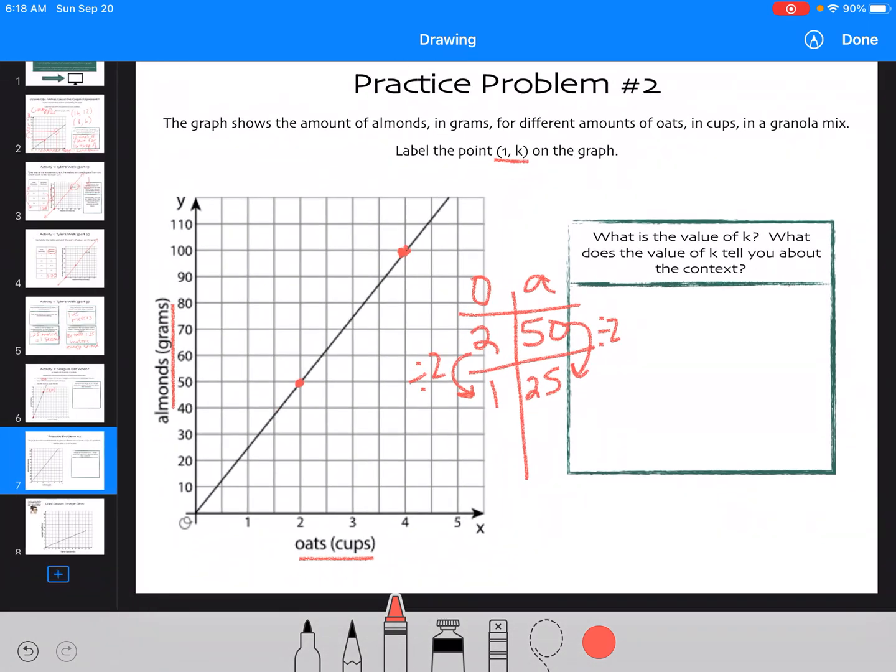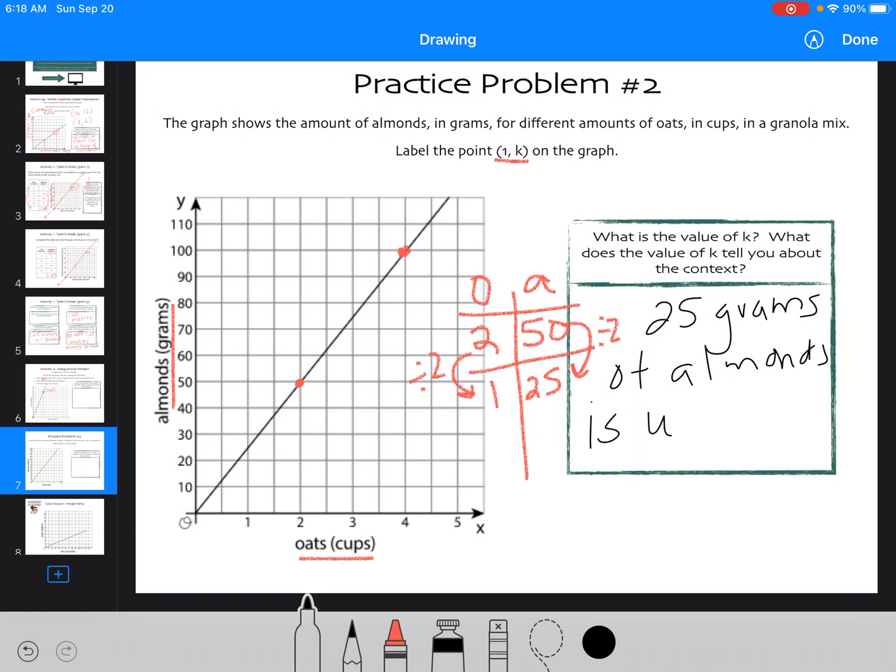So what is the value of K? 25 grams of almonds is used for 1 cup of oats.